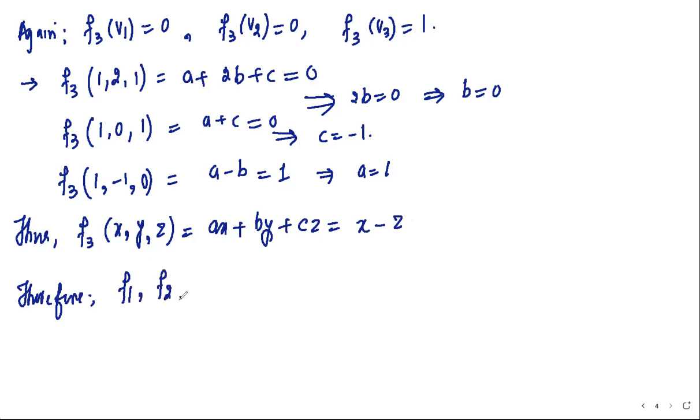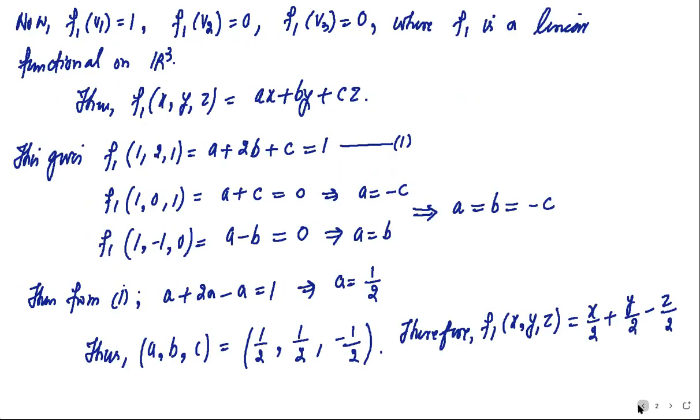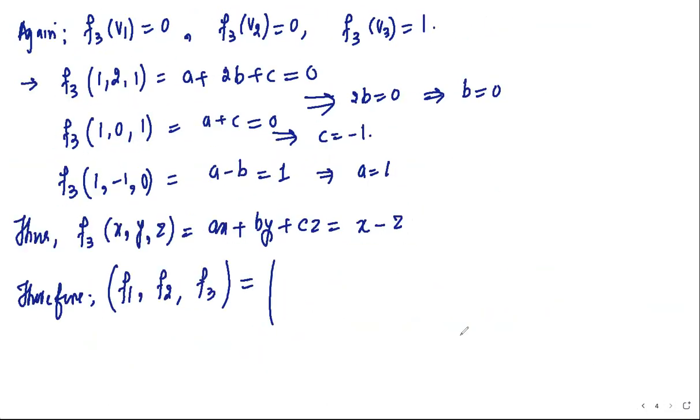So therefore, f1, f2, f3, these three mappings. The first one was 1 by 2, 1 by 2, minus 1 by 2. So it is 1 by 2x plus 1 by 2y minus 1 by 2z.